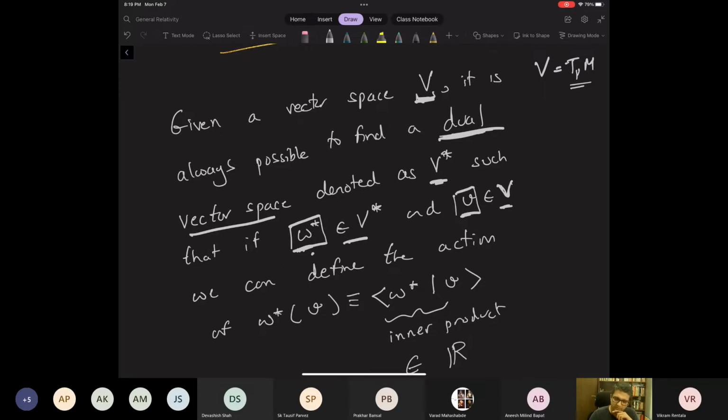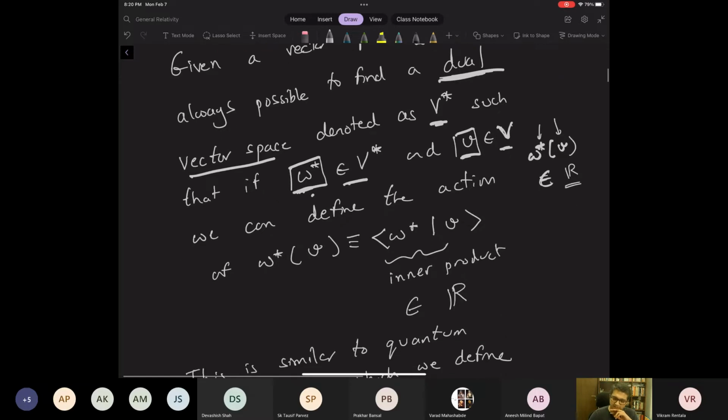So it's possible to define an action W star acting on V such that for every dual vector and every vector, this returns a real number, something that belongs to the real numbers. One way to think about this operation of W star acting on V is to define it as an inner product. In quantum mechanics, you might have seen this notation where you write a ket and a bra. We'll use similar notation here.